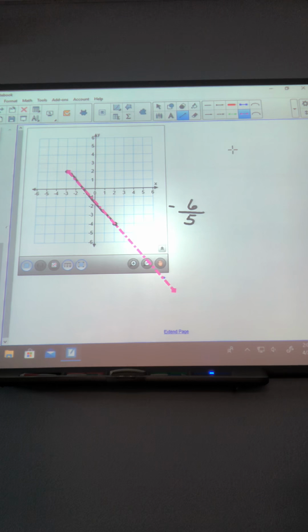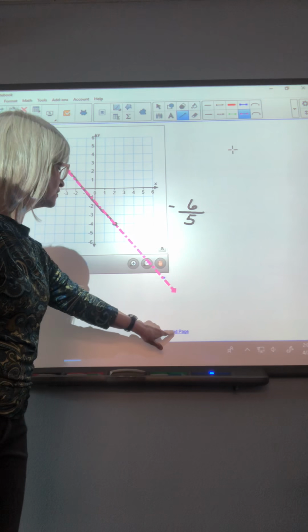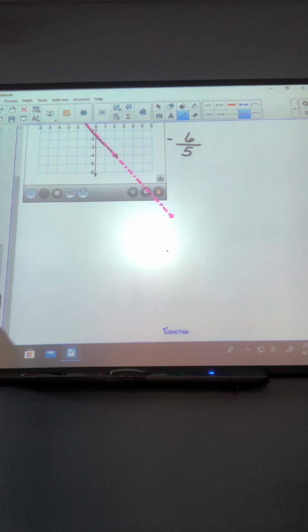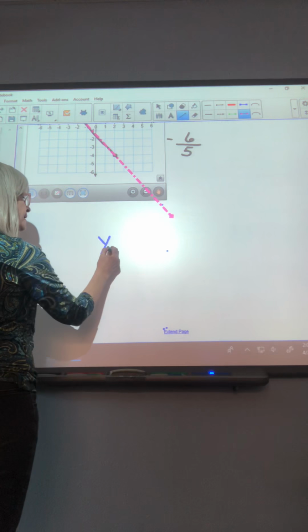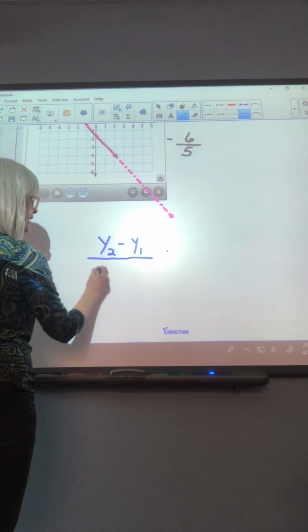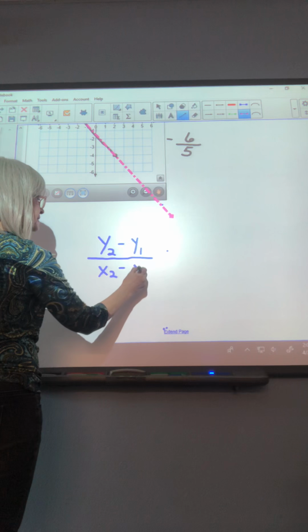Now the other way that you find slope, and we use this more because sometimes it's difficult to count. Maybe it won't work for the space on our graph, or maybe the numbers are so large that it makes it difficult just to count. And so in these cases, we can also find slope using the slope equation, which is y2 minus y1 over x2 minus x1.